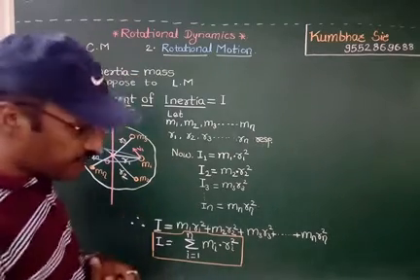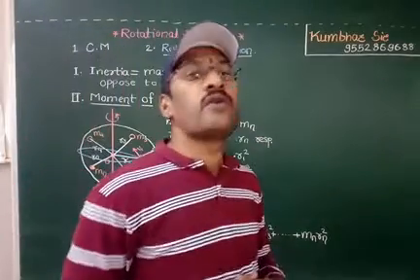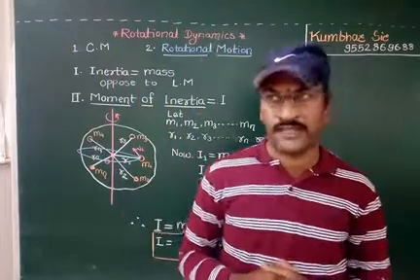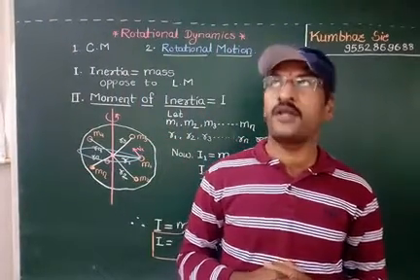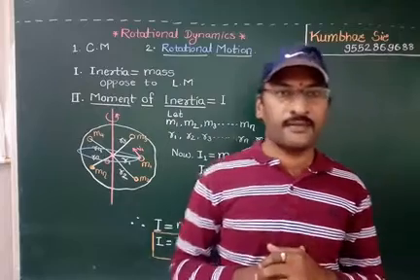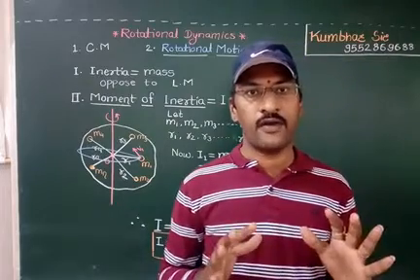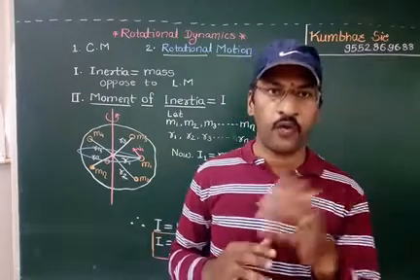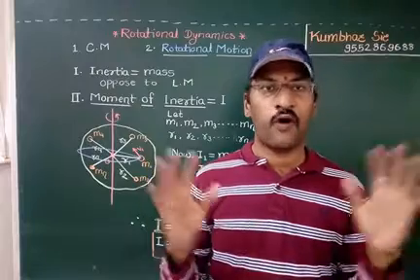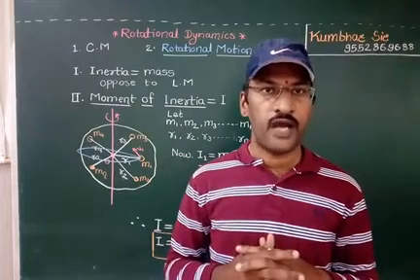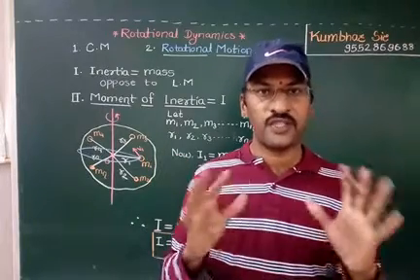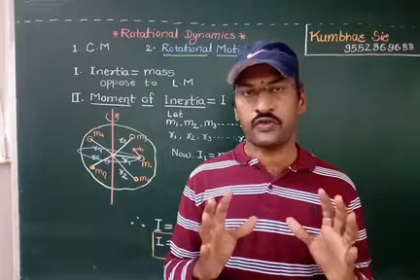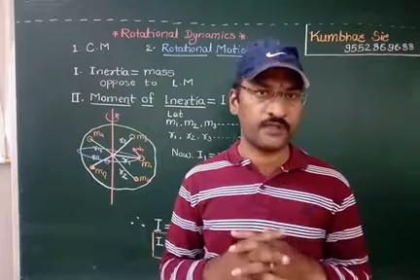What is the moment of inertia? So we know that a fan is rotating about its own axis. Now, when we switch off this fan, then the fan does not stop directly. It keeps rotating about its own axis continuously for a small time. After a small time, its rotation becomes zero or it stops at its rest position.